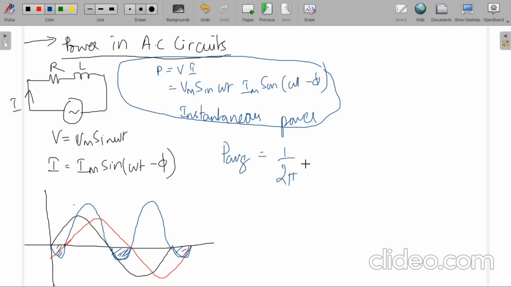So, the average power over one cycle is 1 by 2 pi integration from 0 to 2 pi of Vm sin omega t Im sin of omega t minus phi d of omega t.